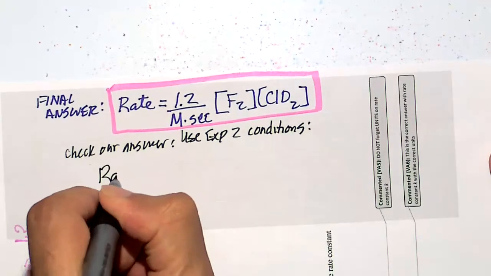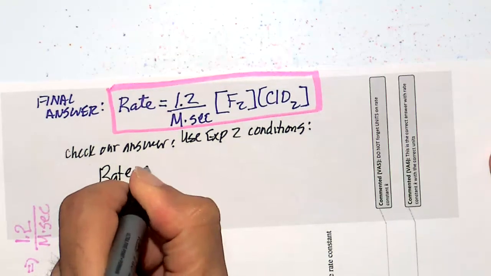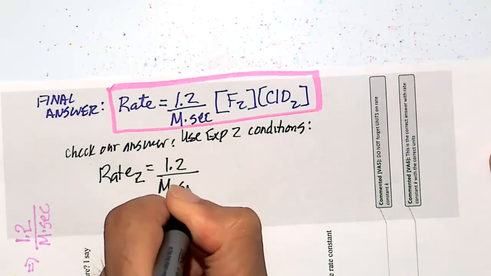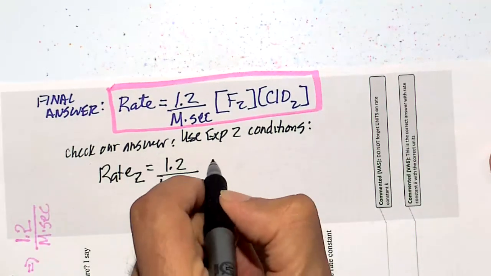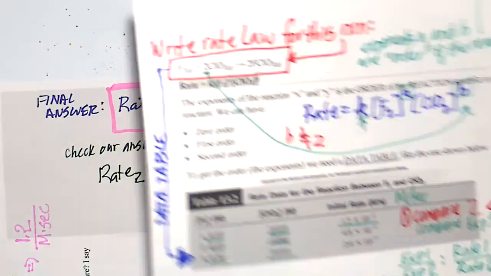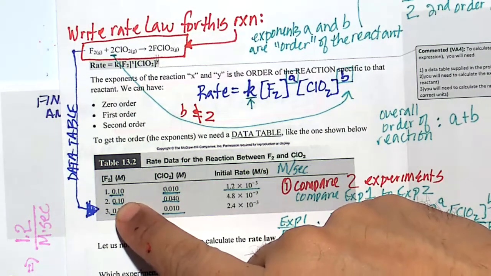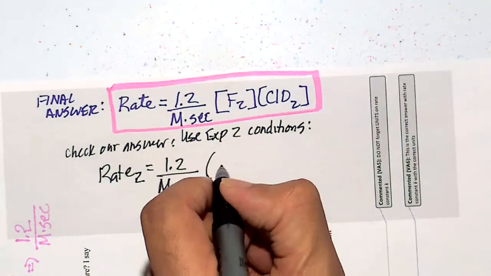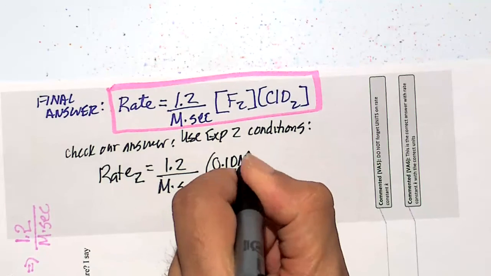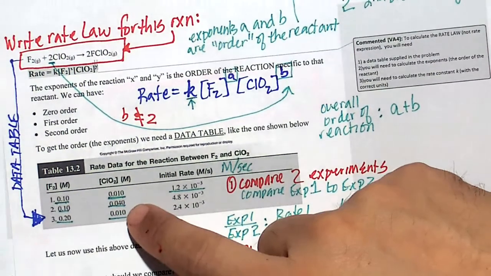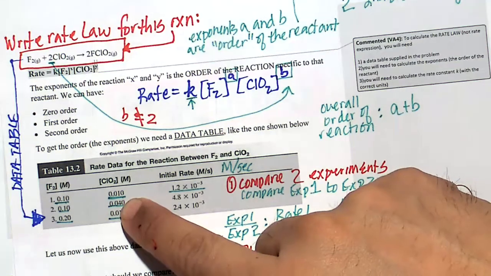So rate for experiment 2 is going to equal 1.2 divided by big M over seconds times, what is F2 for experiment 2? F2 for experiment 2 is 0.1 big M. What is ClO2 for experiment 2? This is the one that Connor chose, 0.04.